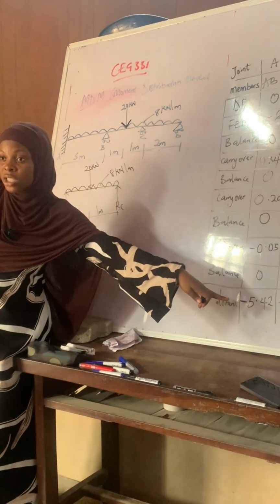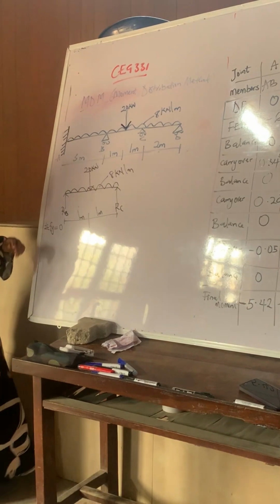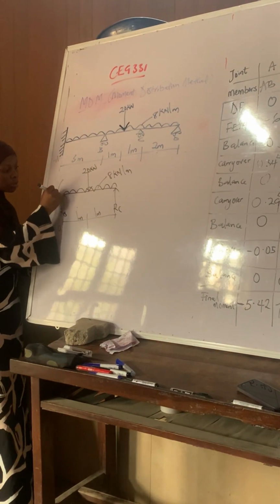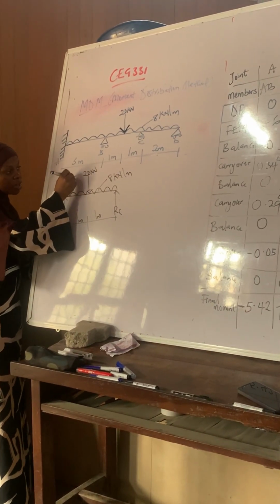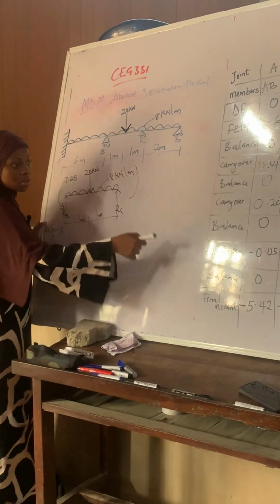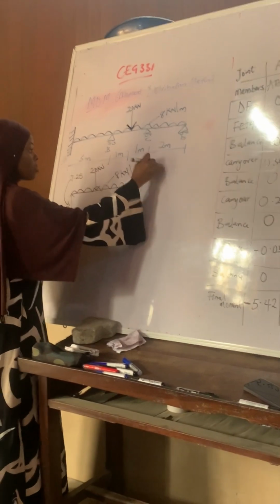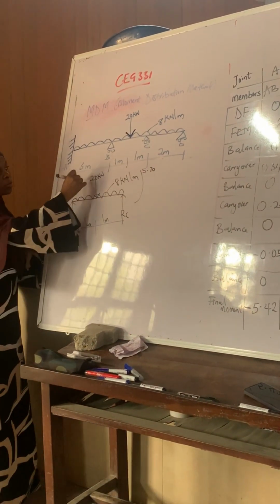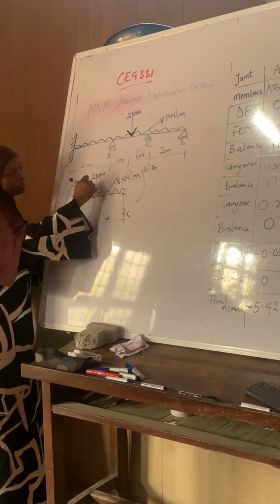What's our moment there? Minus 7.25, so anti-clockwise, 7.25. This one is clockwise, what? 5.70 kilonewton meter.